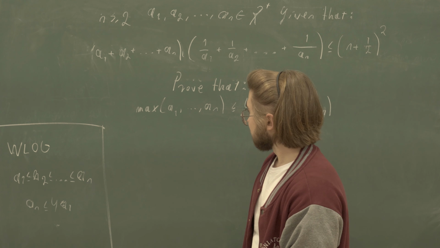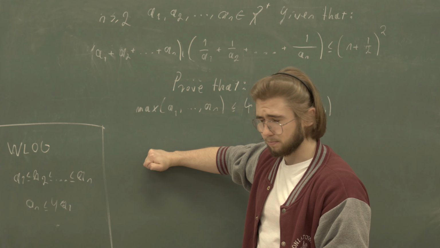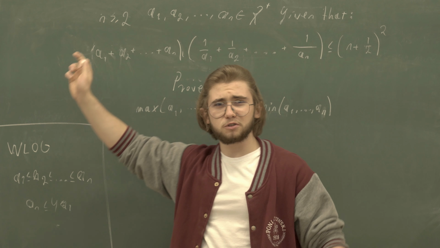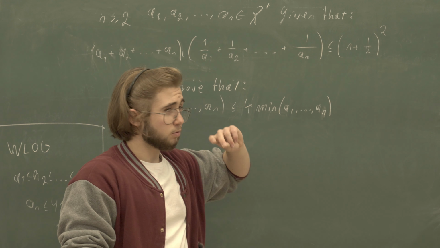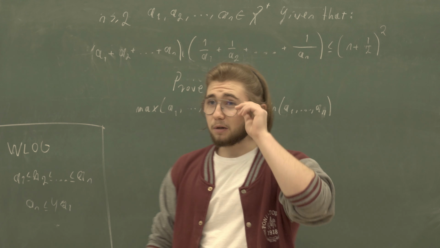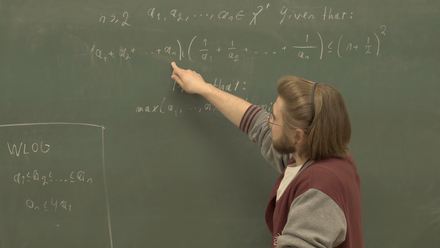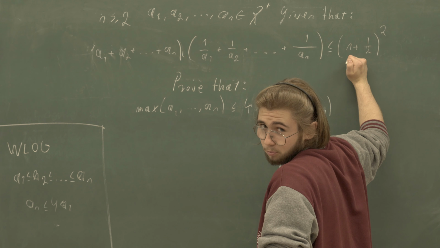So, after getting rid of those maximum functions, what we're going to do is try and make use of the thing we are given by the problem statement, so this upper bound on the product of those sums. I would like to maybe try and get some kind of a lower bound for this product, and then maybe I would be able to use this to my advantage to solve the problem.